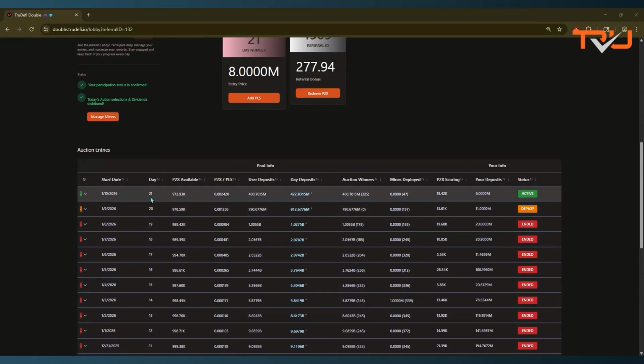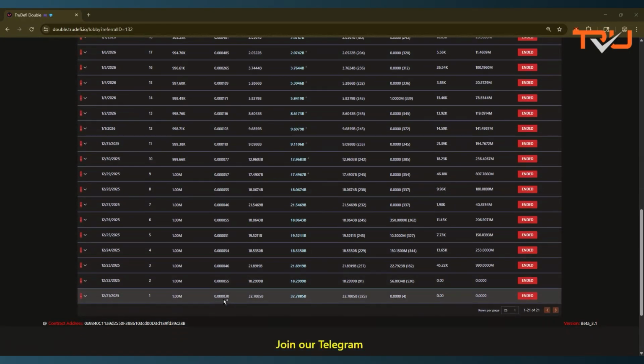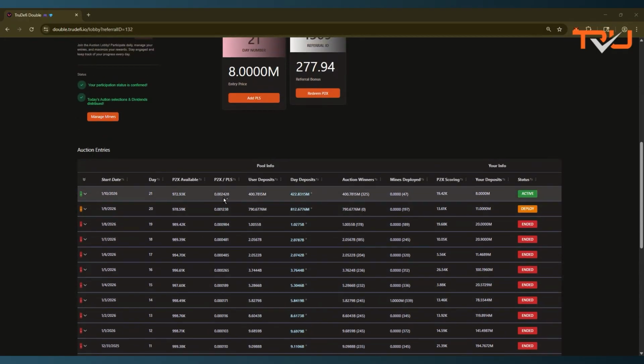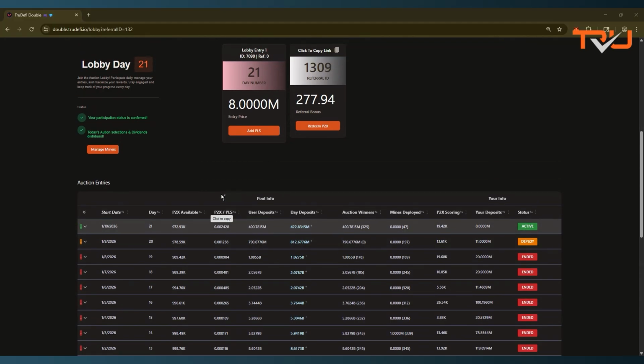And currently today, on day 21 of the system, the share rate is 202, meaning that in percentile terms, it's 0.003% shares given per depositor's weight versus 2.24% of the weight, which is a massive difference. It's almost 100 times better share rate in the current deposit day than it is for day one depositors.